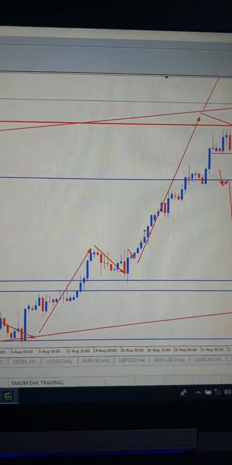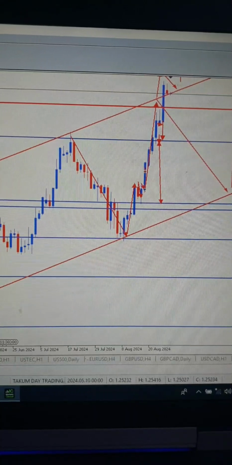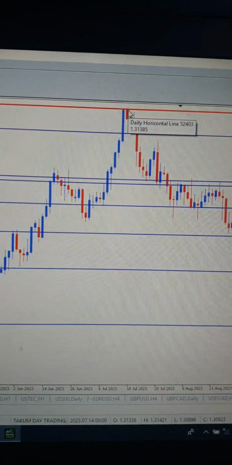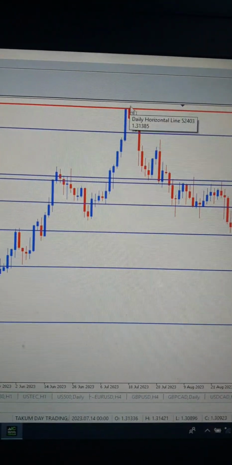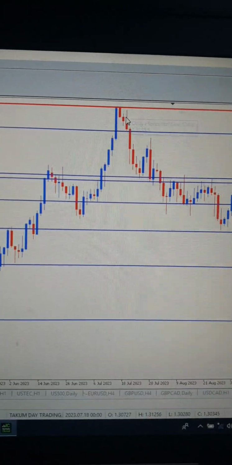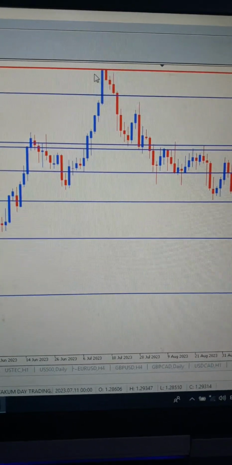If I go back in time, maybe on a daily candlestick, let's observe the red candle, the red distance. Basically, okay, this is it. This is a level. Let's assume that that level was not even there, but this is the level. On the daily time frame, maybe in June 2023, the market had actually reached this level.